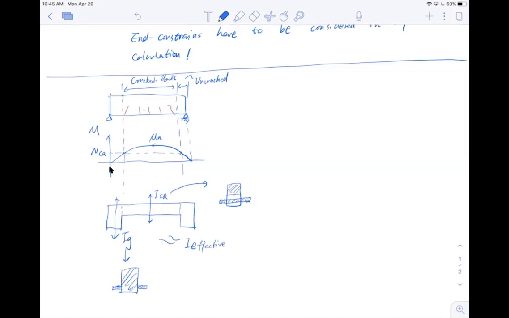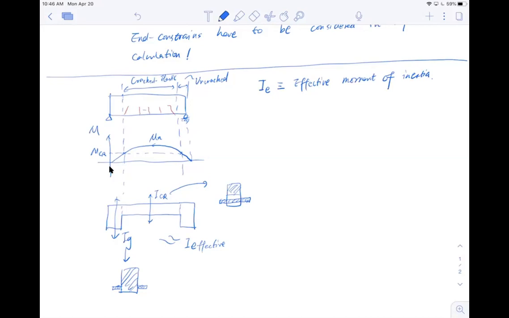ACI says this Ie here is defined as the effective moment of inertia, and it considers both the boundary conditions and also the cracking stages, right?